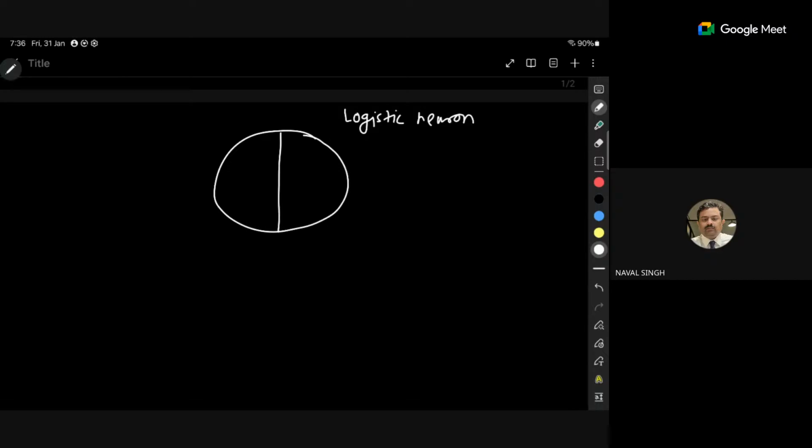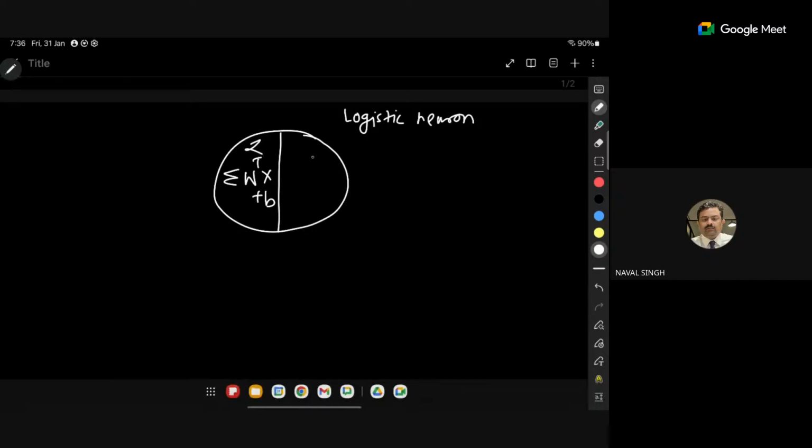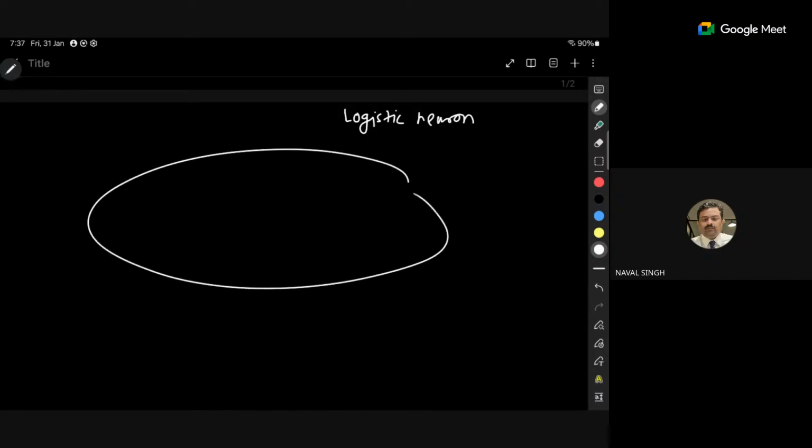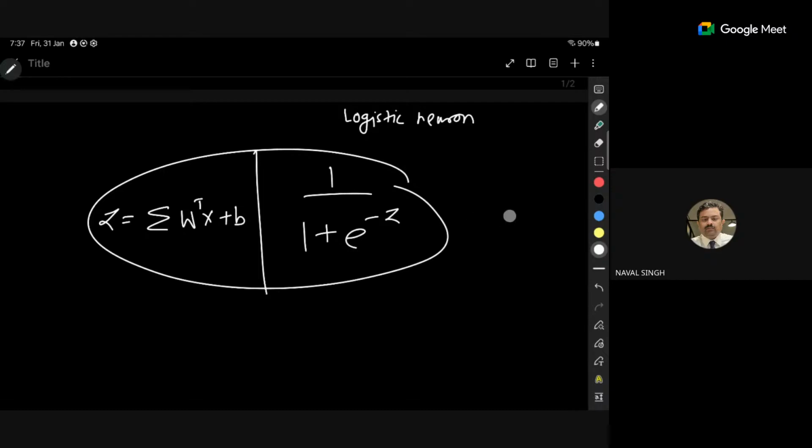Later on we'll use different activations, but first we do summation of W transpose X plus a bias, and whatever value comes up, let's call it Z. So Z is equal to summation of W transpose X plus B, and then we take sigmoid of minus Z, and whatever output we get is the output from the neuron. This W is the weights coming into this neuron.